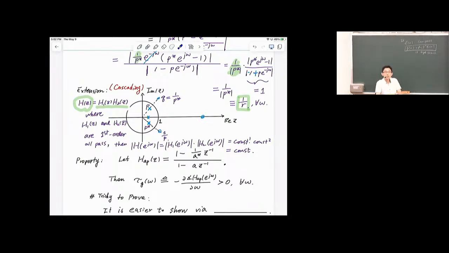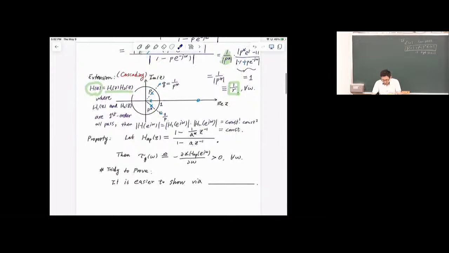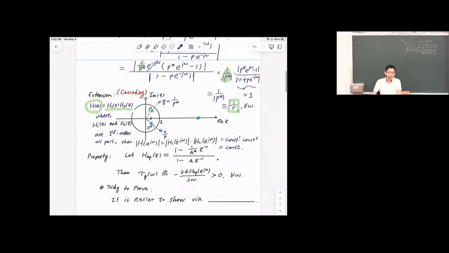All the frequencies will have the same gain. If you just follow this principle, you can construct an all-pass system, right? That's a nice kind of knowledge to know about.